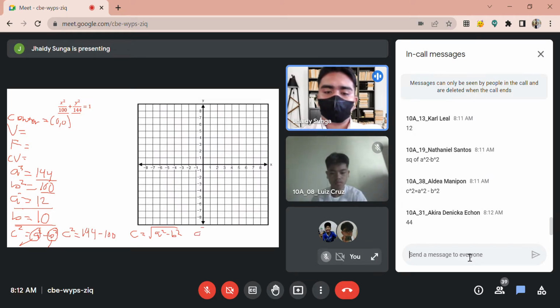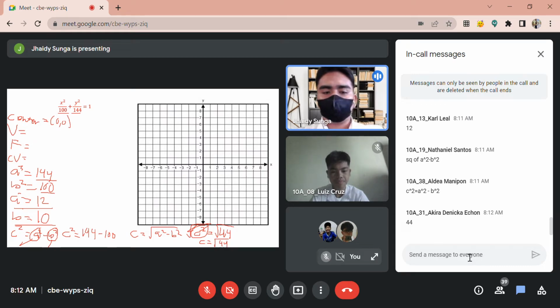So your C squared is equal to 44. So we are going to find the value of C. Therefore, we are going to find the square root of both sides. So cancel, cancel. Then you will have C is equal to the square root of 44.